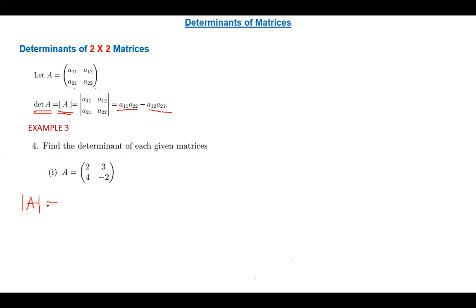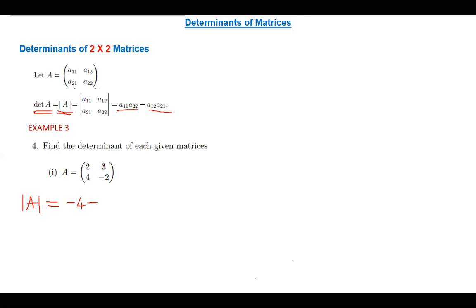So the determinant of A is just found by multiplying these: 2 times -2 there. 2 times -2, you will get your answer to be -4. And then you write this minus in advance before multiplying the next diagonal. So this minus, and then this will be 4 times 3.